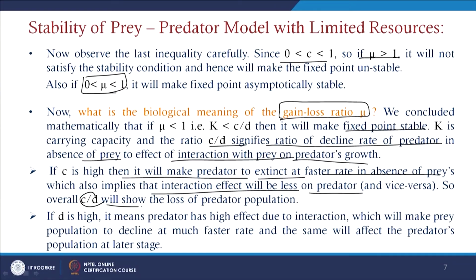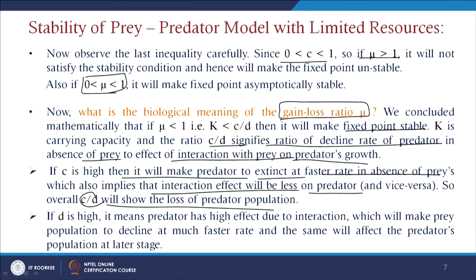So, c by d shows the loss of predator population. And if d is high, suppose the predator has a high effect due to this interaction, which makes the prey population decline at a much faster rate, and the same will affect the predator's population at a later stage. If the prey is heavily consumed by the predator, then initially the predator population will grow faster, but after a certain time, if the prey population becomes very small, the predator population will decline.